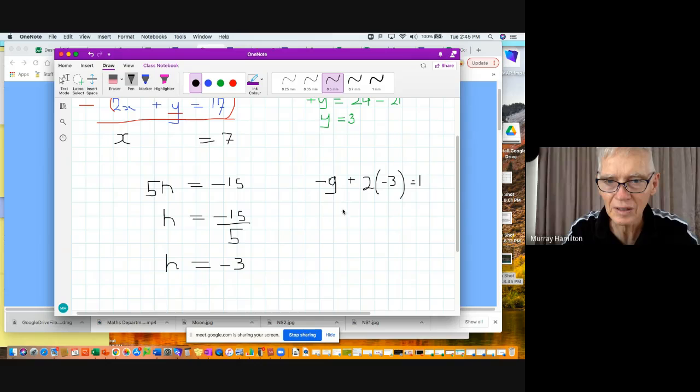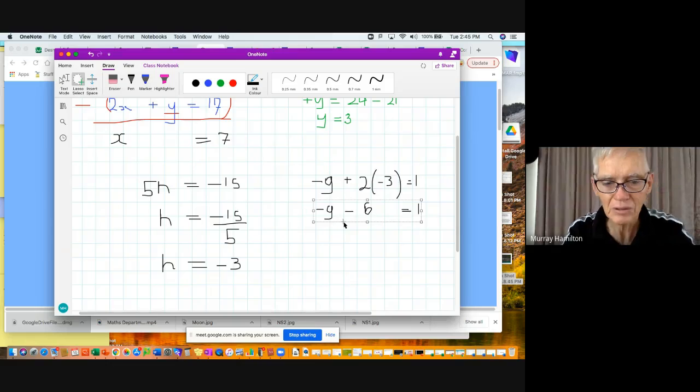And so that gives me negative g minus 6 equals 1. And what I do is I take that minus 6 and I'm going to make it a plus 6 on the other side. You're doing change sign.